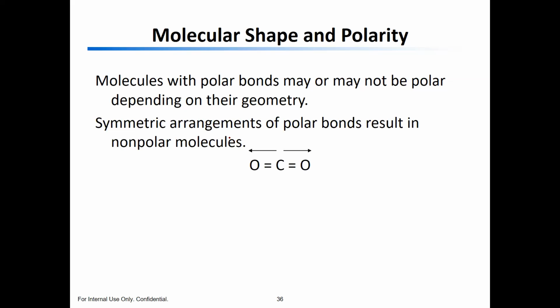Look at this CO. If I just look at this thing by itself, that would be polar. Just look at one half of the molecule. If I have the C and O, yes, that's a polar compound. Oxygen is more electronegative, so the electrons are going that way. This is going to be a minus end. This will be the plus end. But the whole molecule looks like this: CO2. Is this compound polar or non-polar?